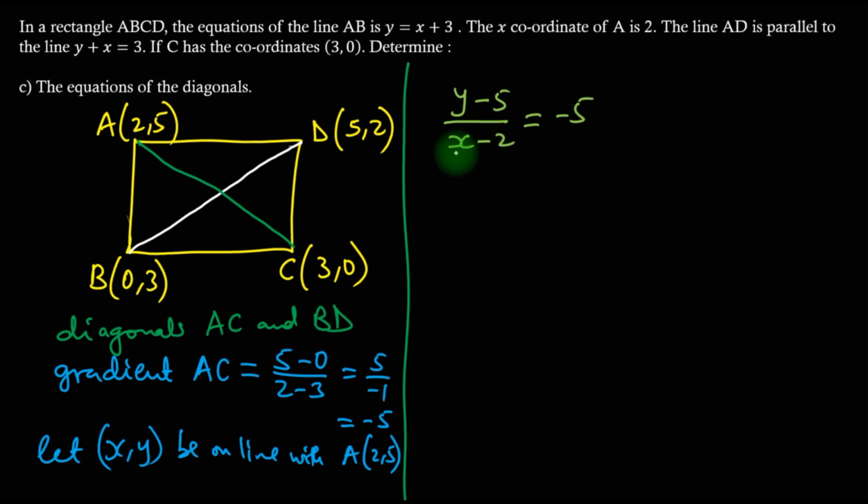We multiply through by x minus 2, so we have y minus 5 is equal to minus 5 times x, that is minus 5x, minus 5 times minus 2, that is plus 10. Therefore, y is equal to minus 5x plus 15. So this is the equation of one of the diagonals.